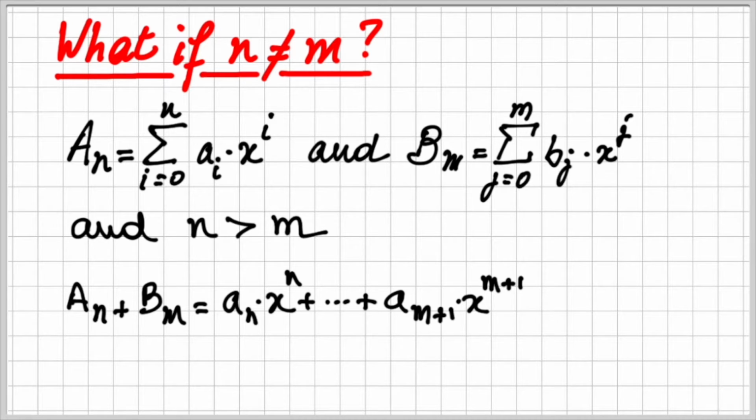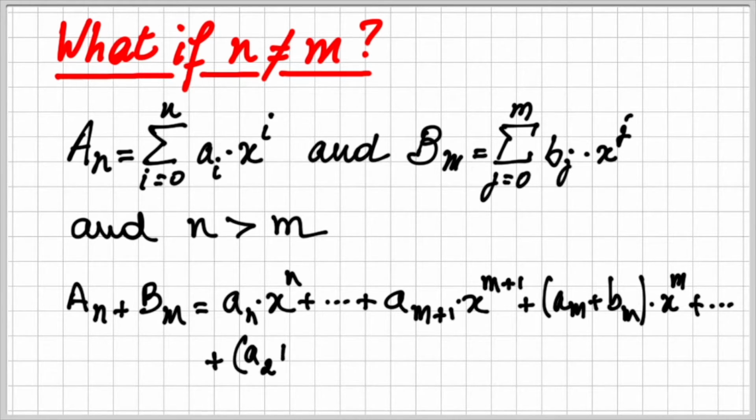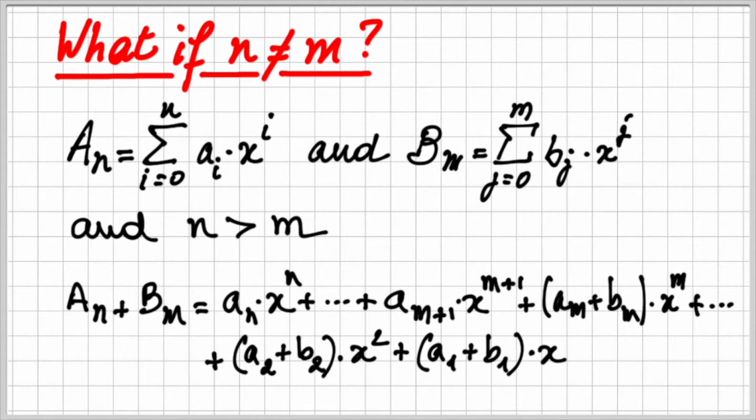Now we find the additional elements, and now we have powers of x which appear in both polynomials. So now we can say that am plus bm times x to the power m, because before the b coefficients were equal to 0, but now they are different from 0, and we find all those coefficients. So we find a2 plus b2 times x to the square plus a1 plus b1 times x plus a0 plus b0.